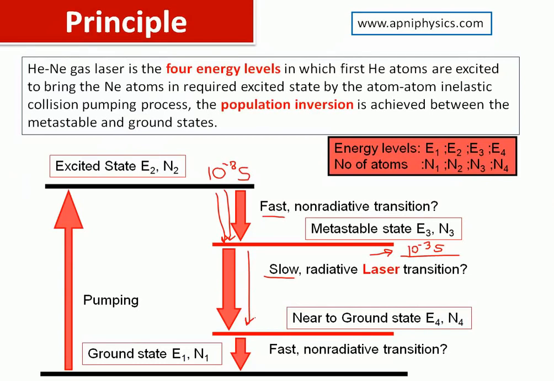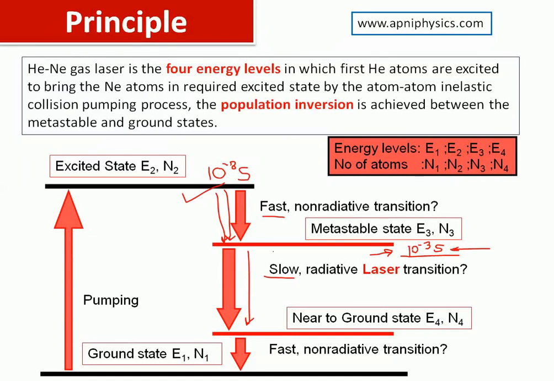That transition will be slow. And how am I telling that this transition is slow or fast? On the basis of time, the lifetime of the state. Here the lifetime is about 10 raised to the power minus 3 seconds. On that basis one can say fast transition and slow transition, right?